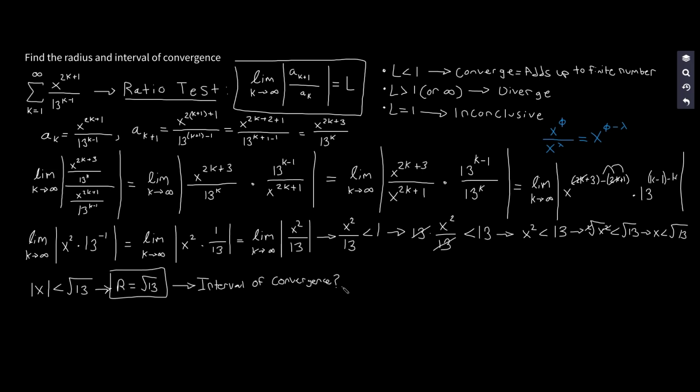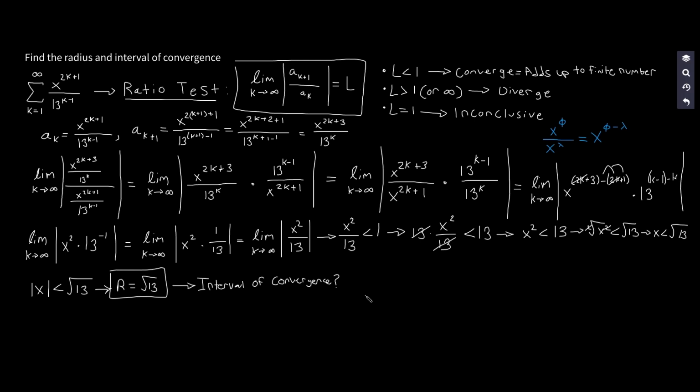The interval of convergence indicates whether or not the starting number and the ending number, the first and the second number on the interval, are included, with whether or not the series converges.